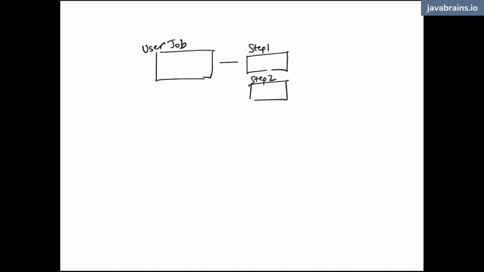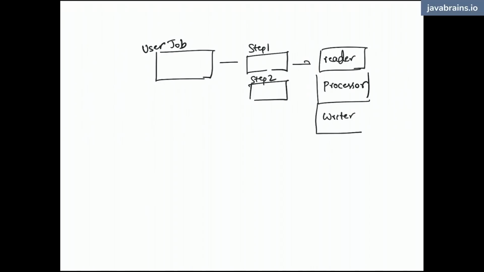Each step can be broken down into a reader, an input, and a processor, which takes the data and processes it. And then you have a writer, which writes the processed data somewhere. This is basically the whole concept behind Spring Batch: every step is going to have a reader, a processor, and a writer.